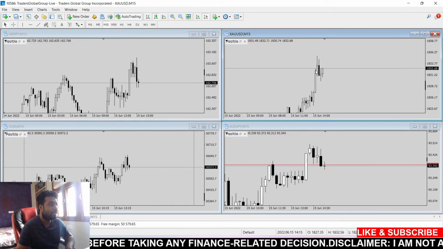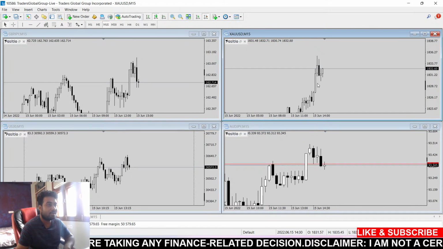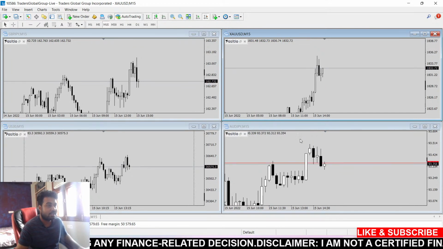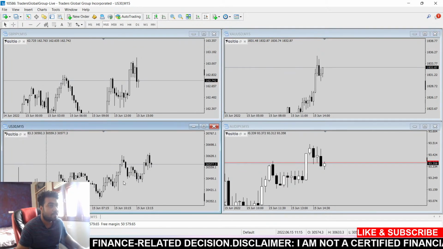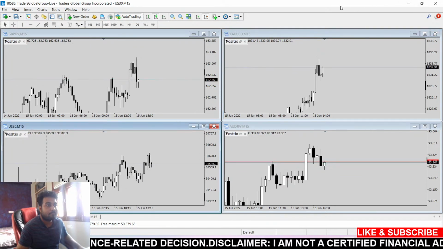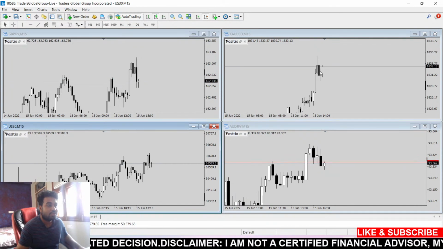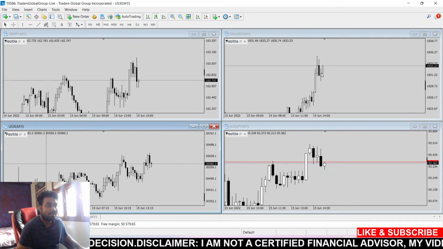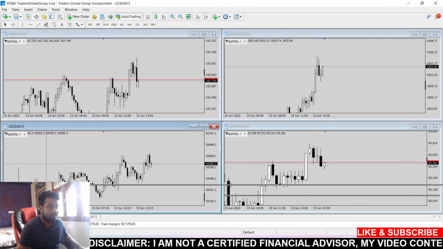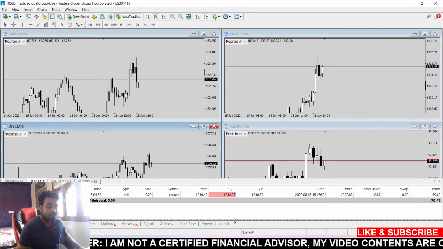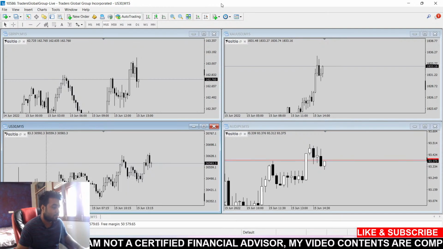As it did not give me that move, I did not want to be in that trade. I don't want to lose my entire 1% risk on this trade. You can see if I would have been in this trade for some more minutes, then it would have taken my entire risk. That is not a good thing. If you lose, you have to lose less.